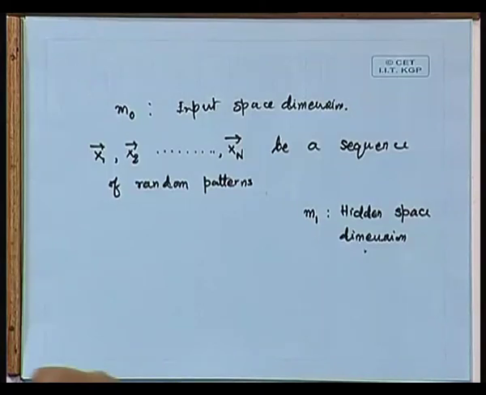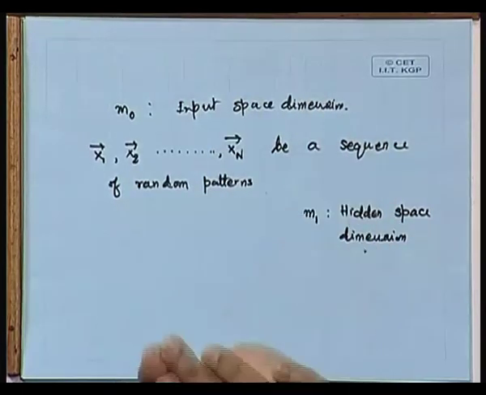But let us say that we have decided our structure, that we freeze it, and we are going to have M1 as the hidden space dimension. Then the question is, from the M0 space, how many such patterns can we have?